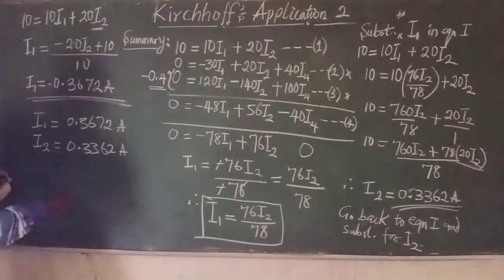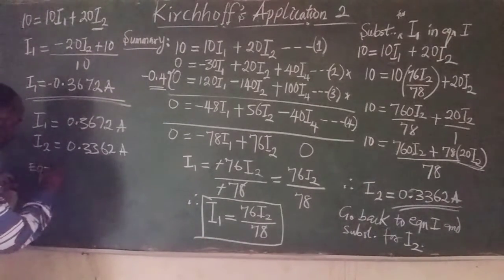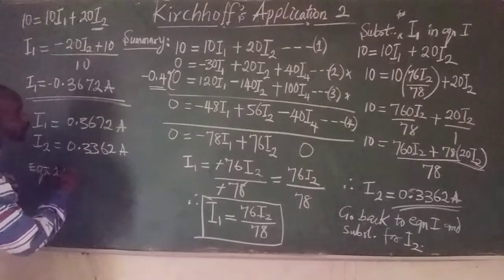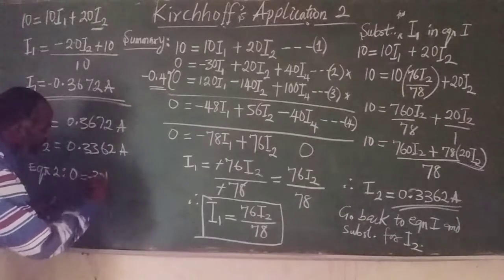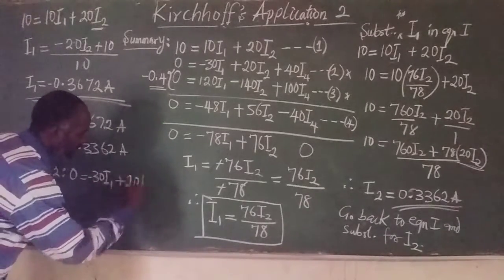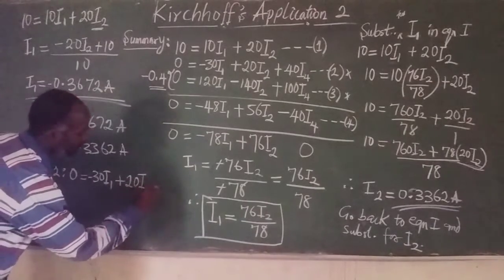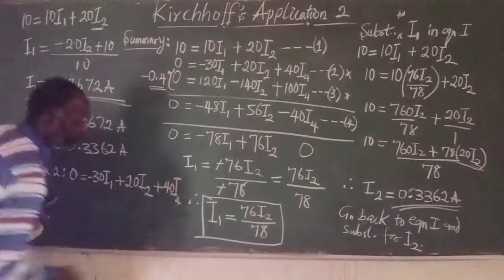Equation 2 is given as 0 is equal to minus 30I1 plus 20I2 plus 40I4.